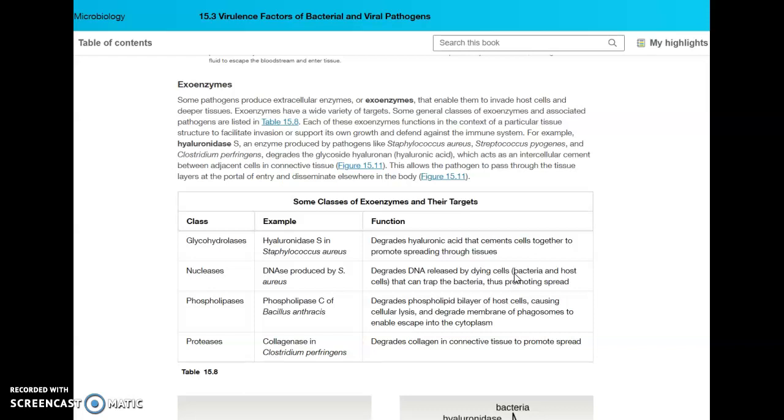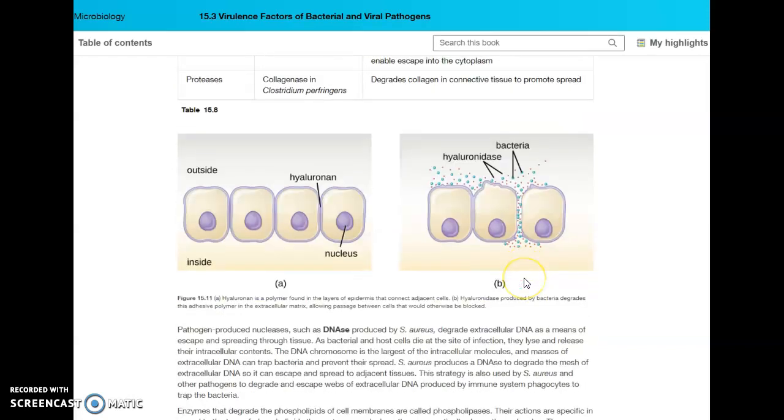So exoenzymes allow the bacterium to come in and essentially evade the immune system, as well as get deeper and deeper into the tissues, which allows them to move away from their specific portal of entry, or to become disseminated away from their portal of entry.